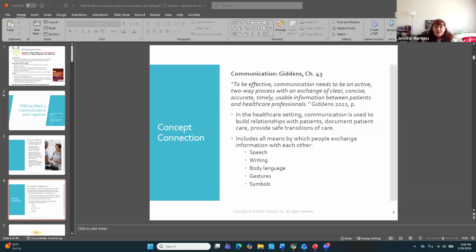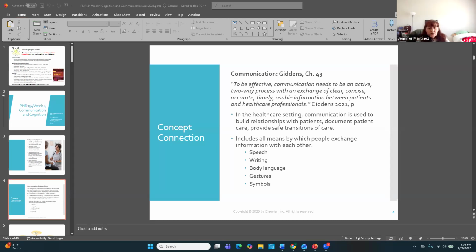You communicate with your classmates, with your instructors, with administration, with the patients that you see at clinical. And that is how we build those relationships with our patients. We also have to document patient care, so that the care you provide is documented. And then we provide safe transitions of care.